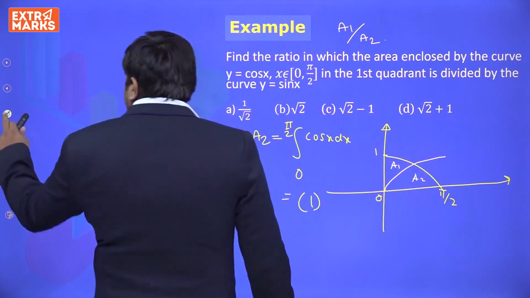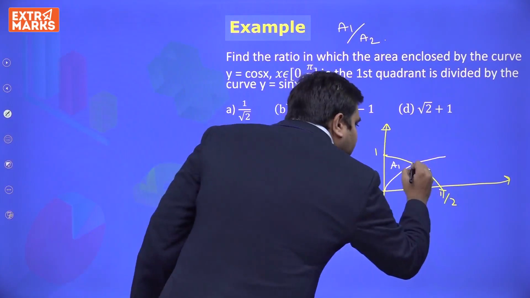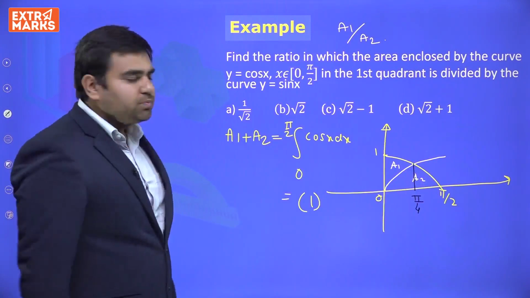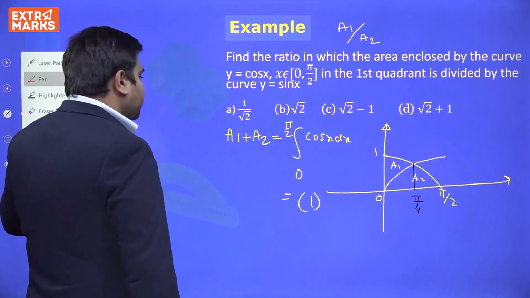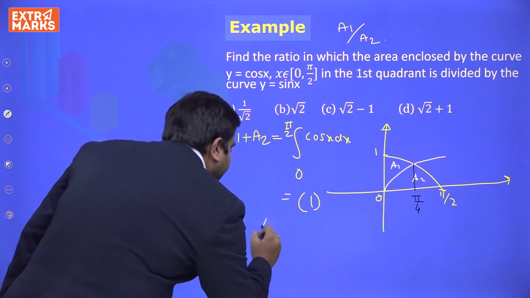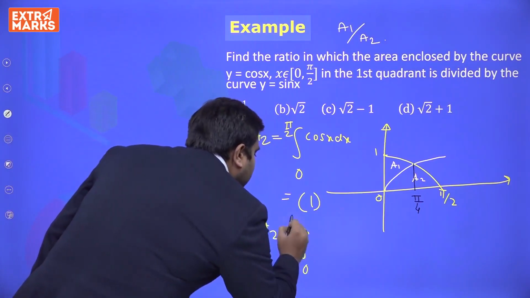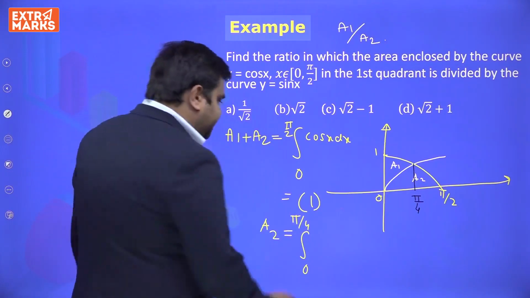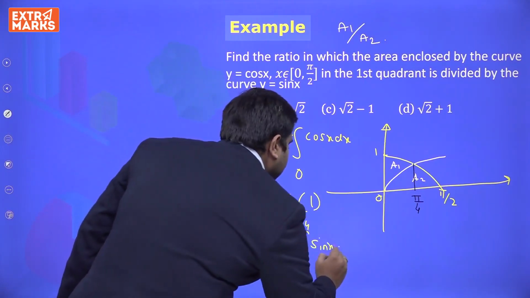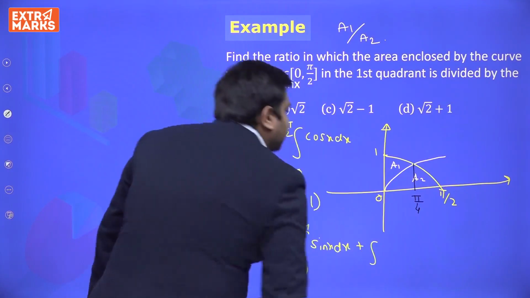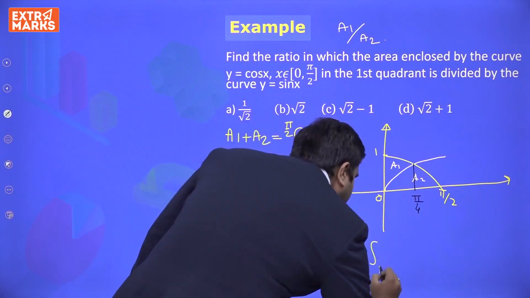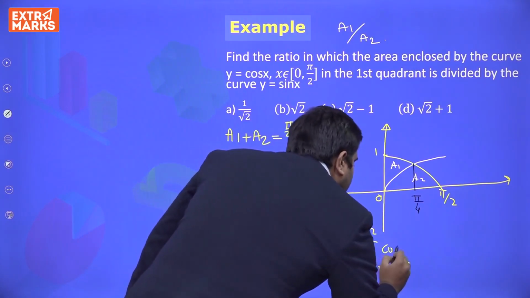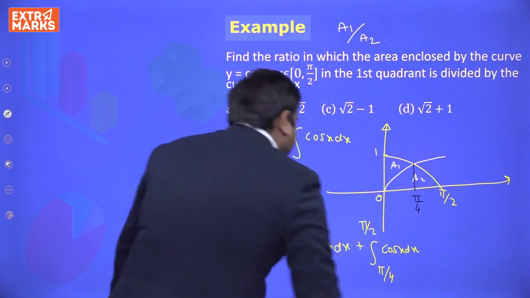In order to calculate a2, let's understand that they intersect at pi by 4. Now a2 is further divided into two different parts. One is 0 to pi by 4 sin x dx, plus pi by 4 to pi by 2 cos x dx.